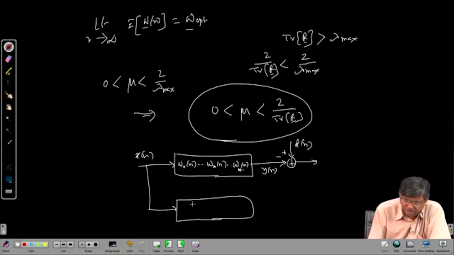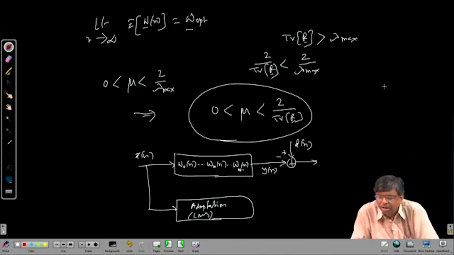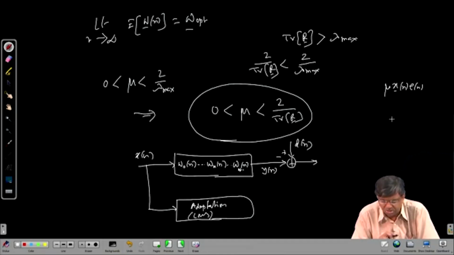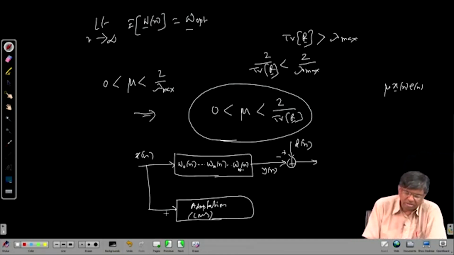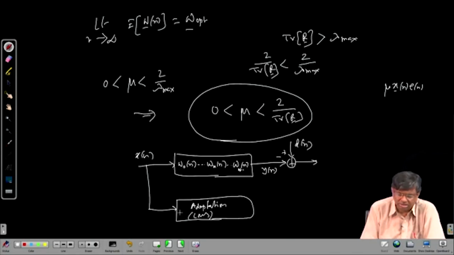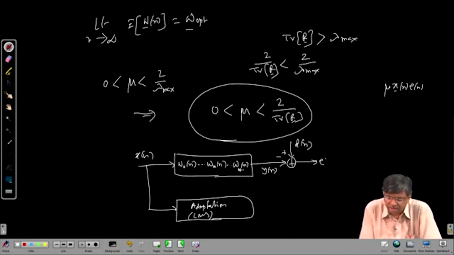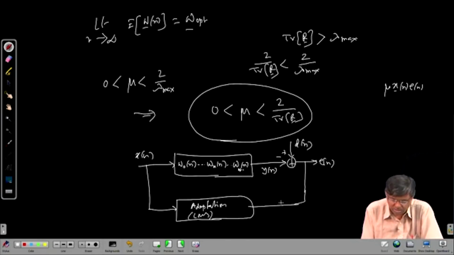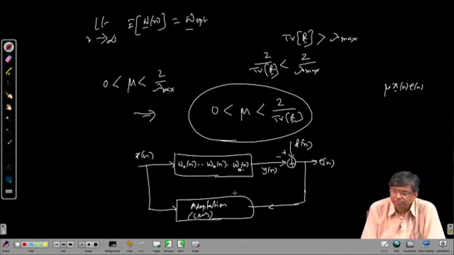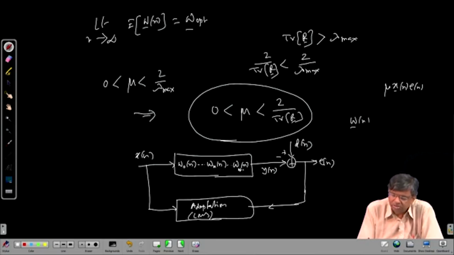There is an adaptation part, LMS, that takes the input data, because the update part was mu x n vector E n. The x n vector has x of small n plus past terms. Past terms are already in the system, so the current term has to be taken. So adaptation takes that vector, and it needs E n. This is my E n, this also goes in, and it calculates the update equation, by which it calculates w n plus 1.